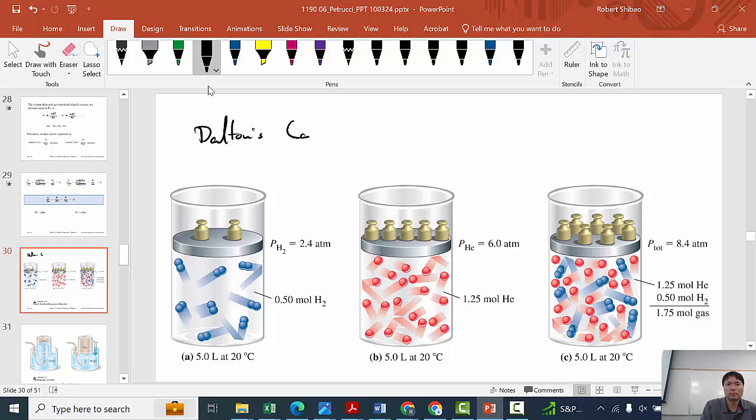With Avogadro's law, the law of combining volumes, it has to be the same pressure and temperature. But it's probably easier to see visually.